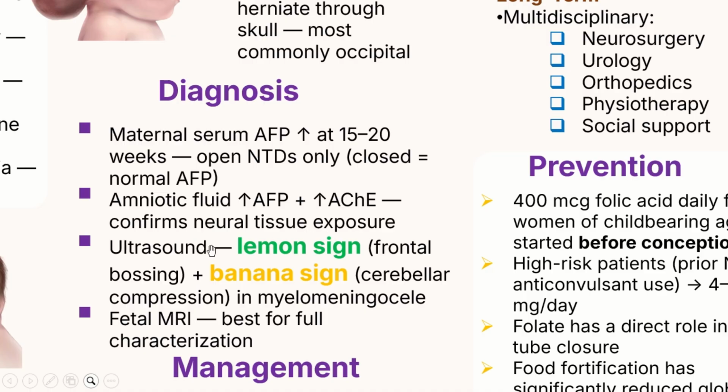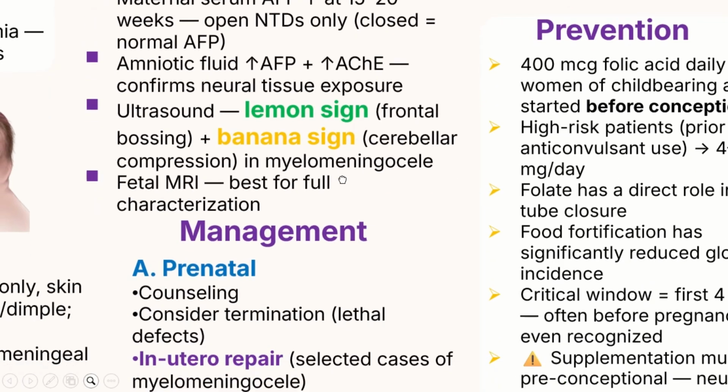When you do the ultrasound, you can see a lemon sign for frontal bossing and a banana sign that shows cerebellar compression in myelomeningocele. Then fetal MRI is the best form for characterization. The MRI will give you the whole picture.